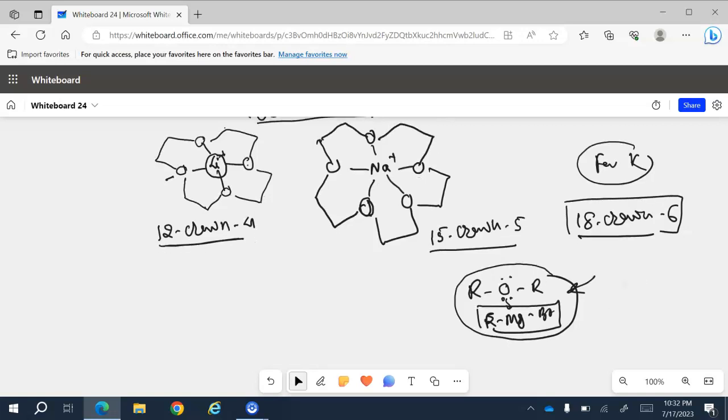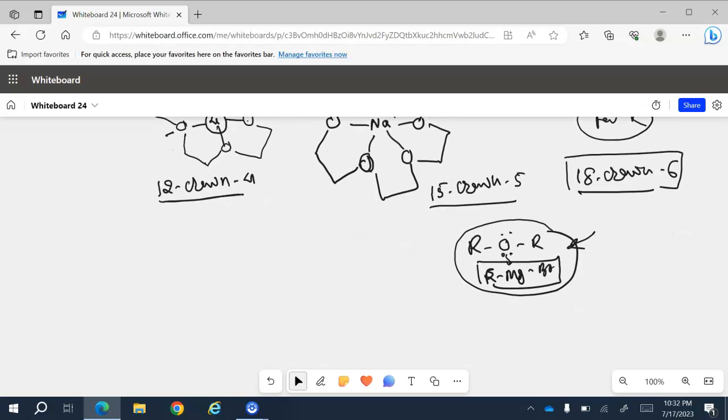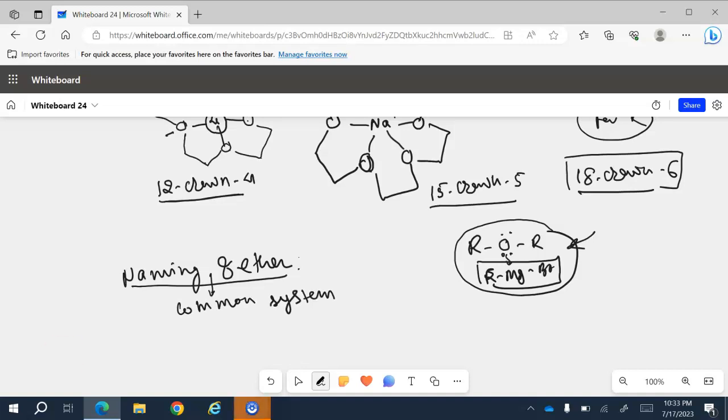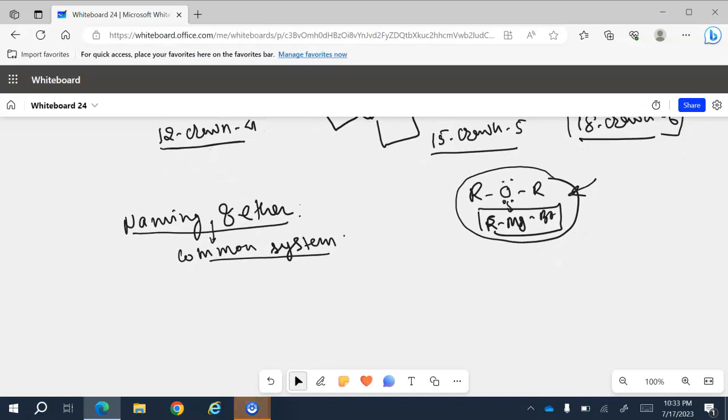Now the next point that we wanted to discuss here is the naming of ether. For naming this simple, small type of ether, the common system is very popular. In the common system, ethers are named just by giving the alkyl groups.